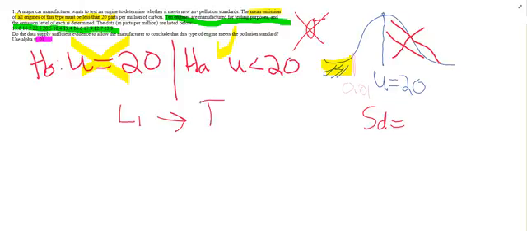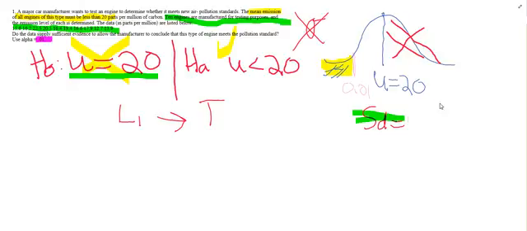Because the t-test is used when you know the population mean, and we do know the population mean, right? It's right here. Population mean is 20 parts per million. That's the standard that we have to get to, or less than. And we do not know the population standard deviation, and we could find the sample standard deviation, right?